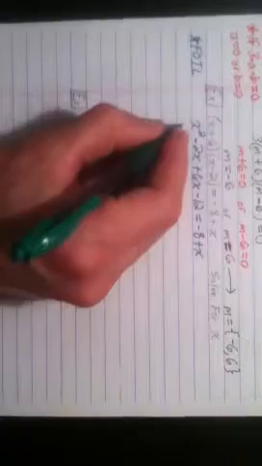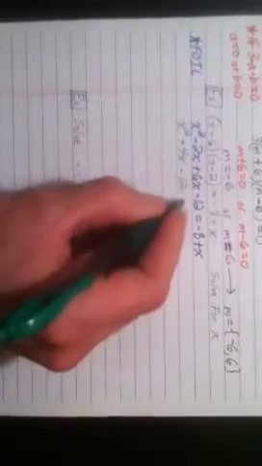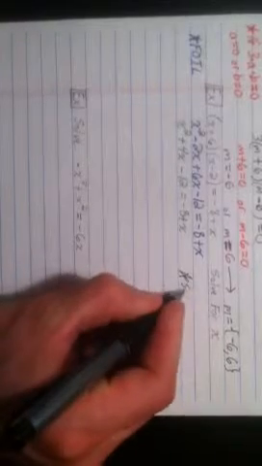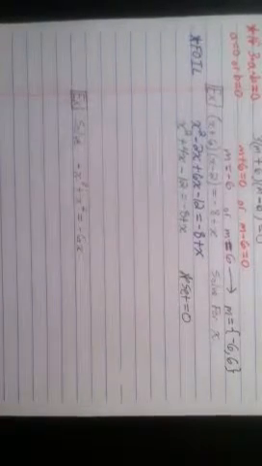Negative 2x plus 6x gives us a positive 4x. And now we want to set this equation equal to 0. So we will add an 8 to both sides.